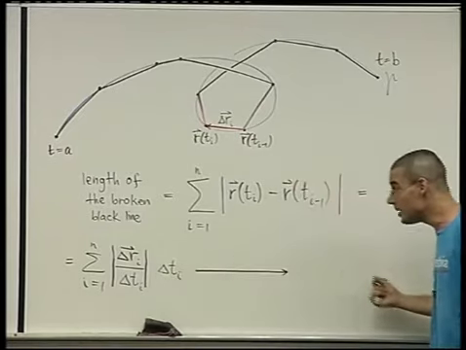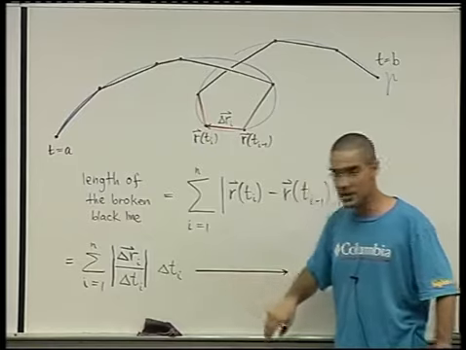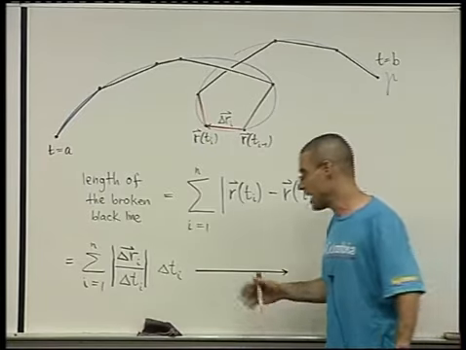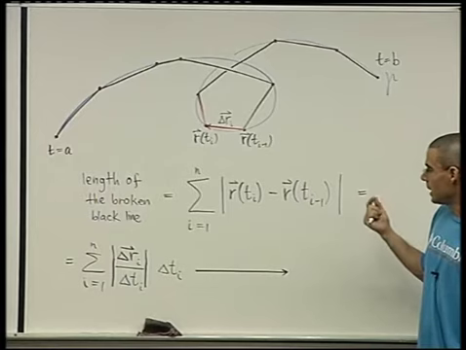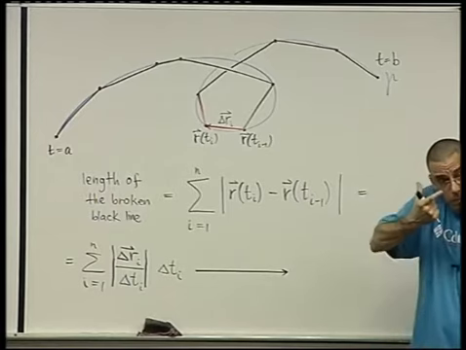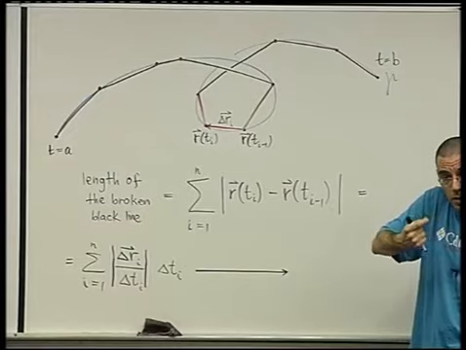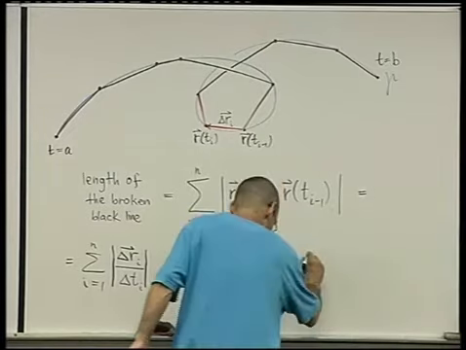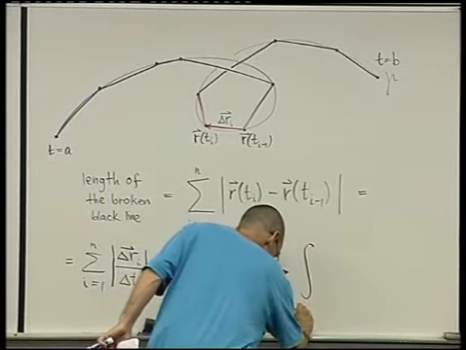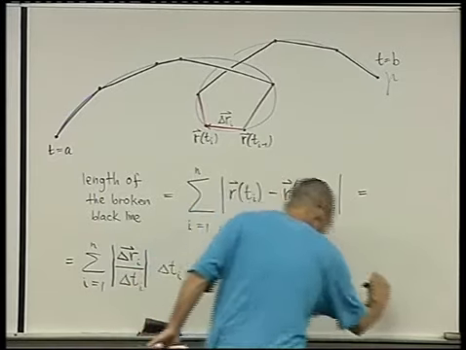And as we take the limit, as these delta ti's go to 0, or as we refine the partitions, making the biggest interval smaller and smaller, there are various ways of saying it, what we approach is the integral from a to b dt.